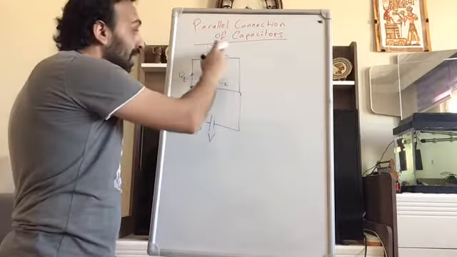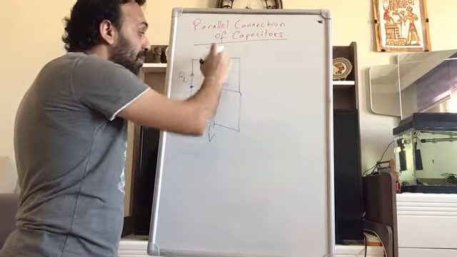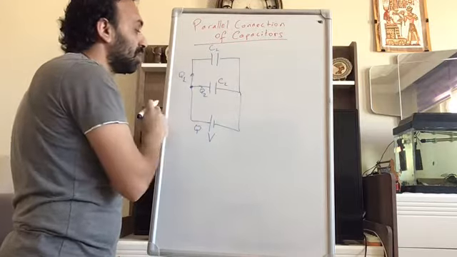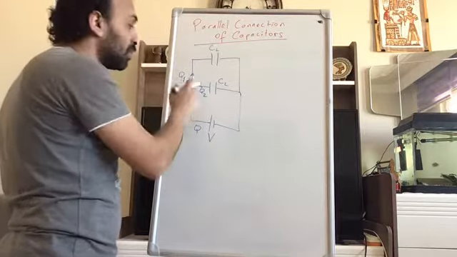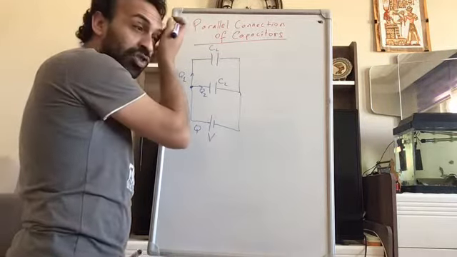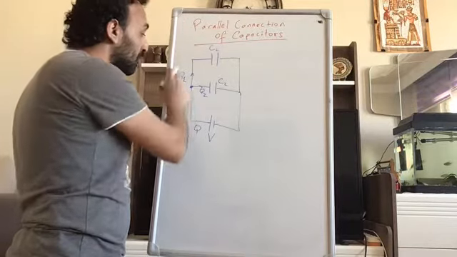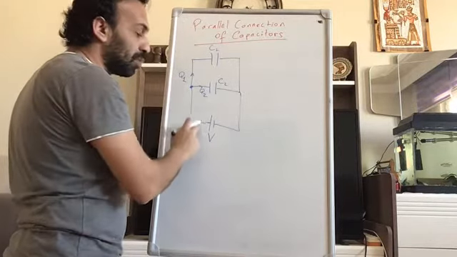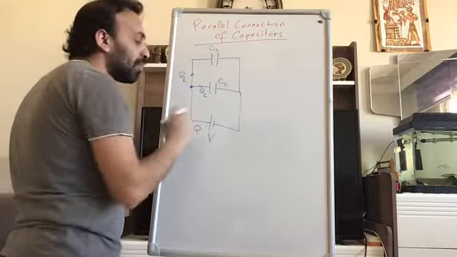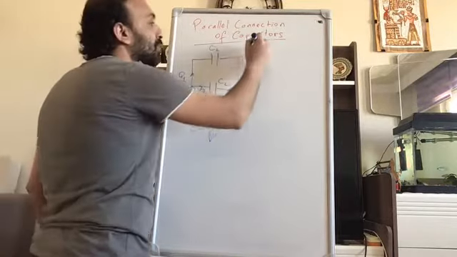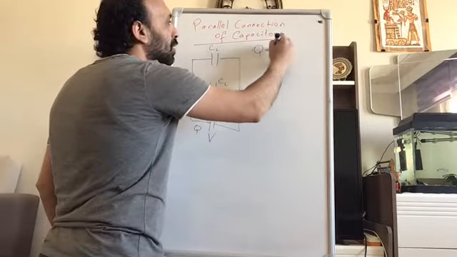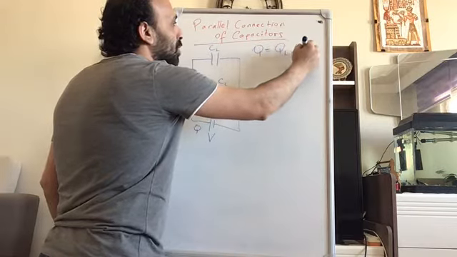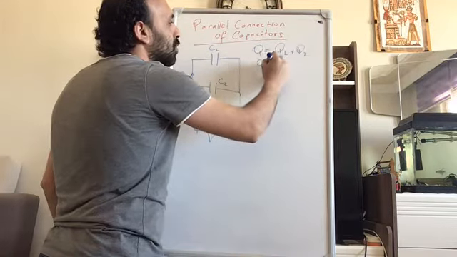So now the charges of the capacitors will not be equal to each other, right? Q1 doesn't have to equal Q2, but from the electric charge conservation, we know the total charge here should be equal to the total charge I take off from the power supply. So I can write Q is equal to Q1 plus Q2, but in general Q1 is not equal to Q2.